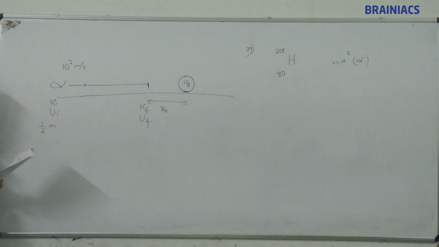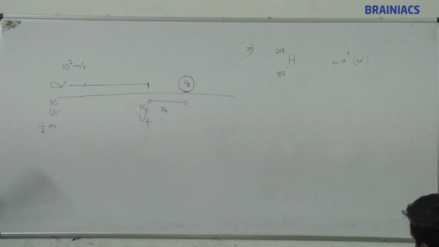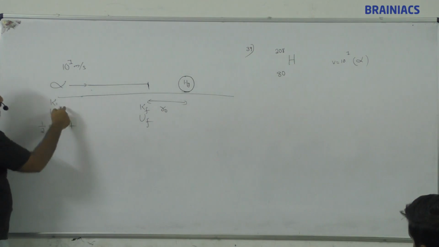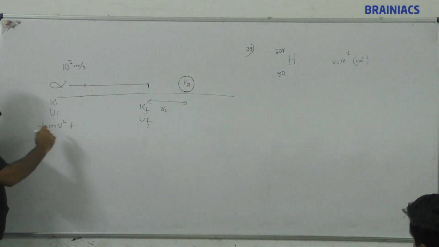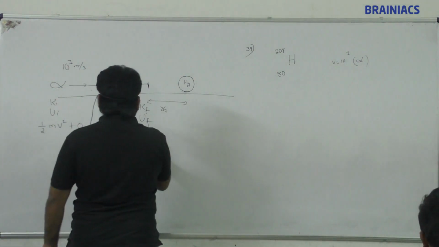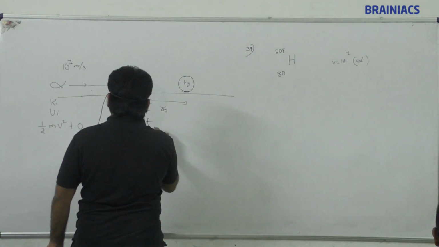What is the mass? 1.6 into 10 raised to minus 27. Half m v square, leave it like that, plus the energy at far distance is 0.